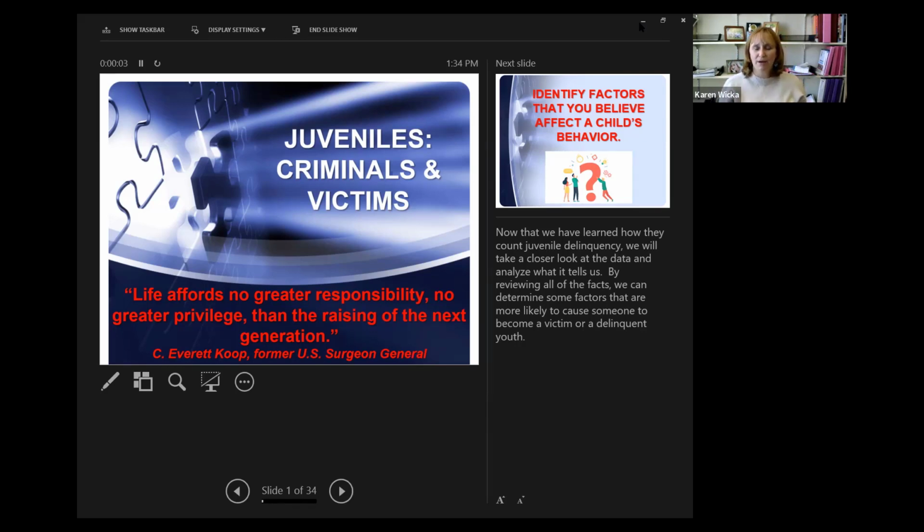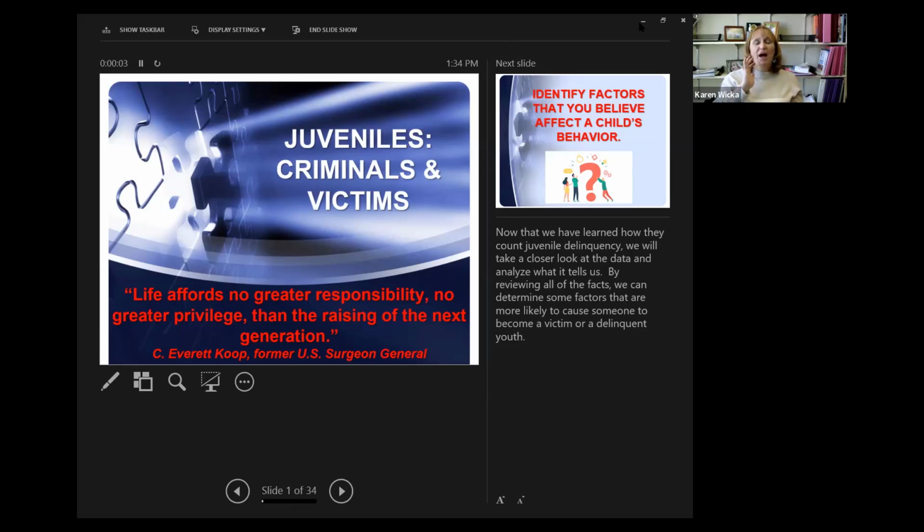When we talk about victimology and who's at a greater risk of becoming a victim, we say, well, why? Why do we even want to know this? What importance does this have to criminal justice or juvenile justice? Well, the idea is if we can assess what lifestyle choices, what behaviors, what social interactions are more likely to lead somebody to become a victim, then we can try to make changes in their environment to reduce their risk of victimization.